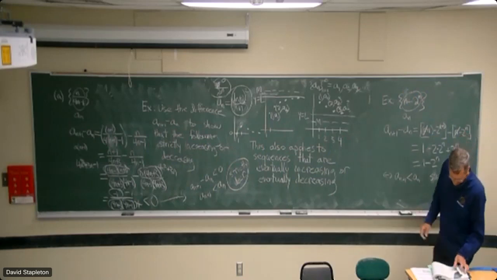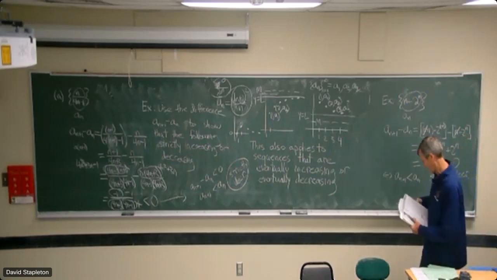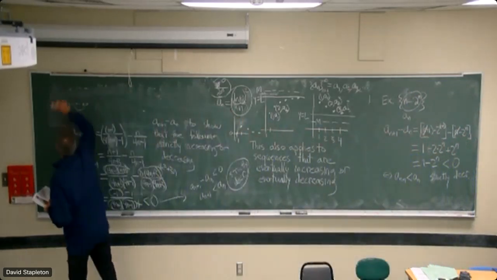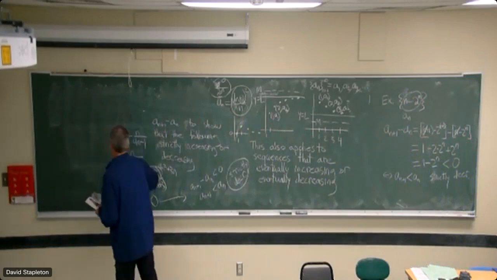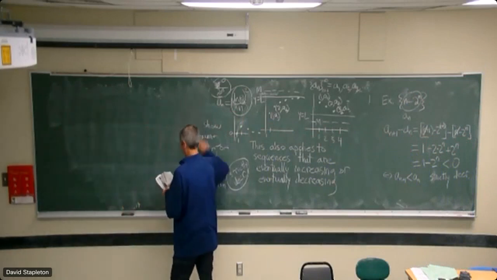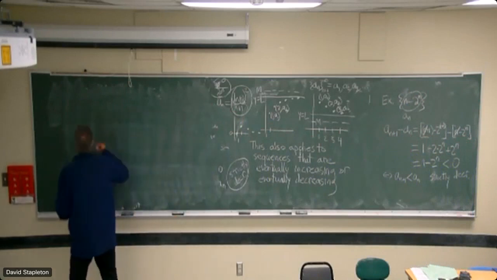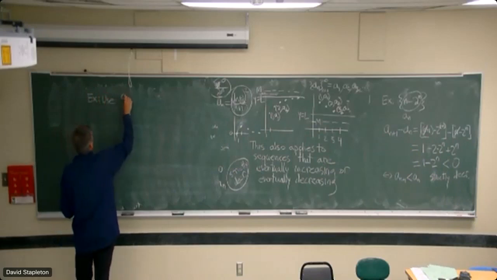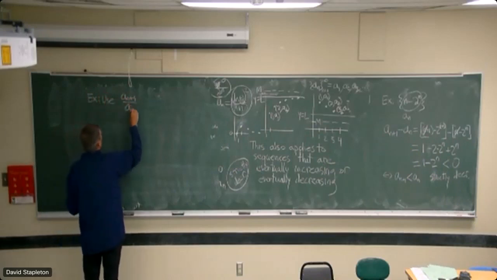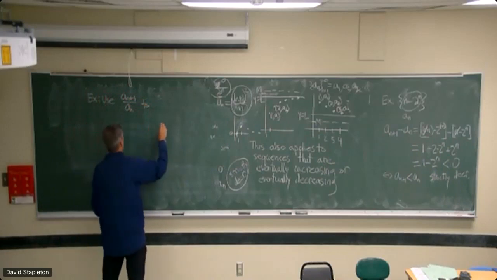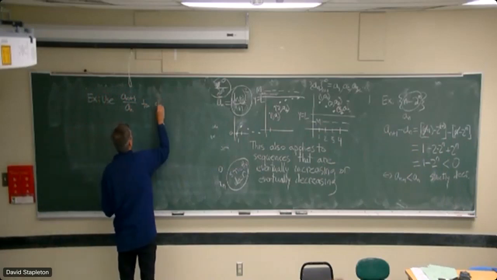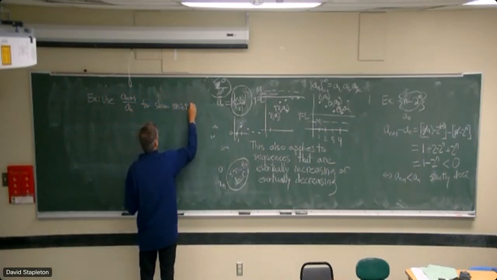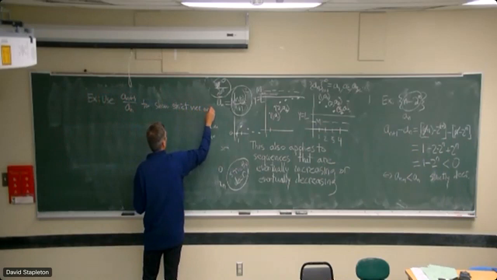All right, the next one is the ratio of successive terms. And we'll use a_{n+1} divided by a_n to show strictly increasing or decreasing.